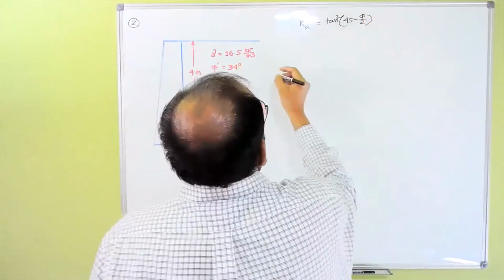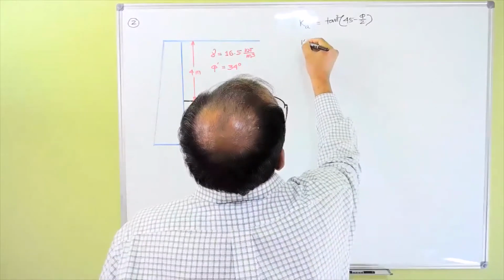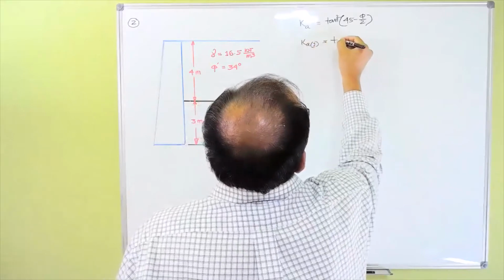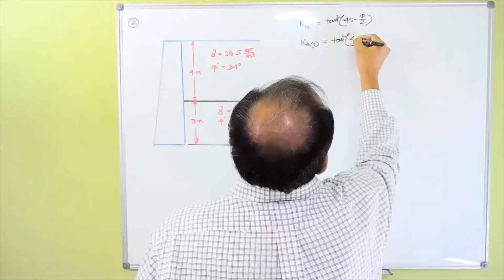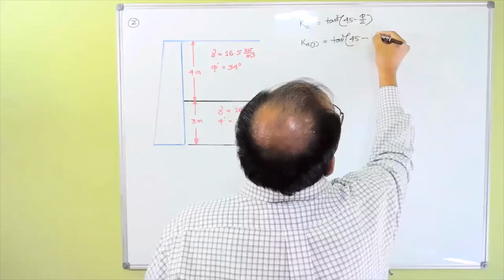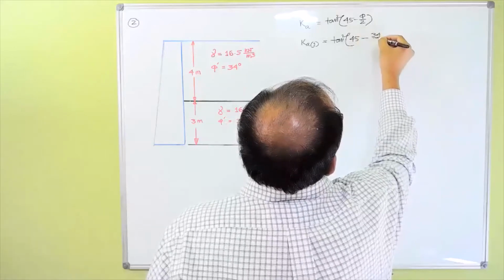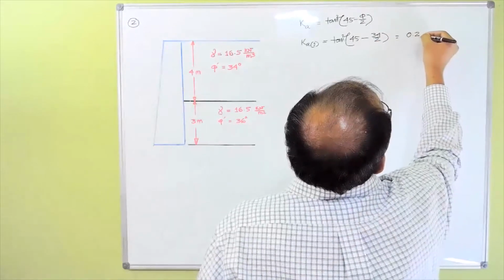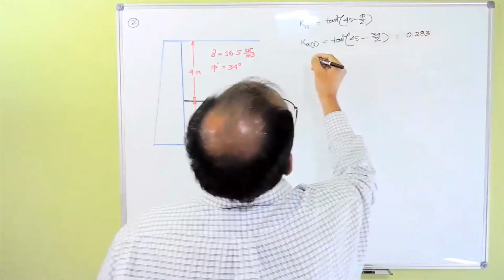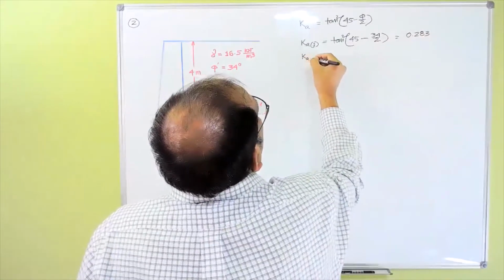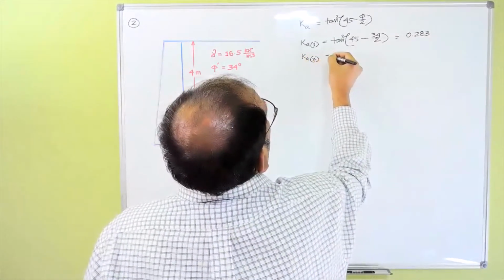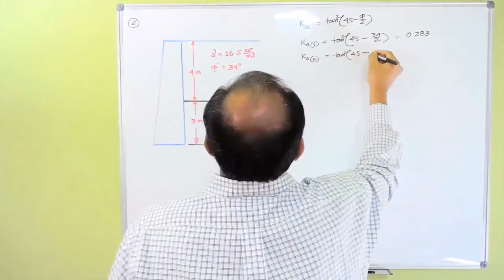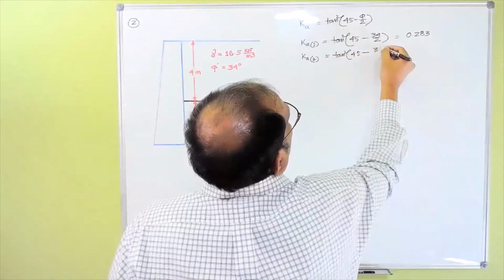Okay, so for this layer, you can see Ka1 is basically tan square (45 minus 34 by 2), which is basically 0.283. And for layer 2, your coefficient is tan square (45 minus 36 by 2).